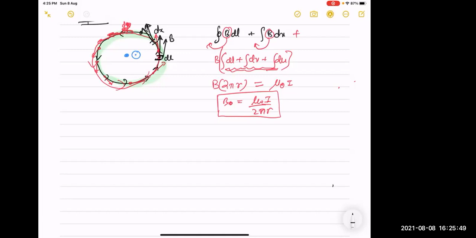Yeah, I didn't put x. Oh, it's x by 4. Edit it again and send.